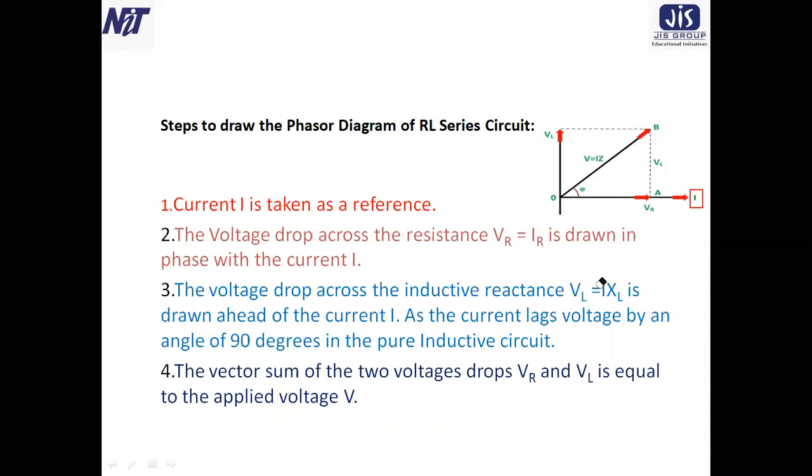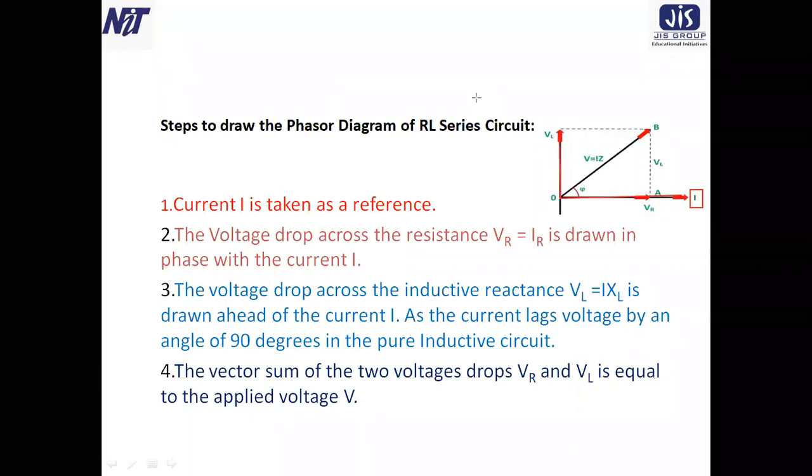So this is the phasor diagram. In this way, we have to draw the phasor diagram of the RL circuit. Now, if you consider this, this is the current phasor, this is the VL phasor.